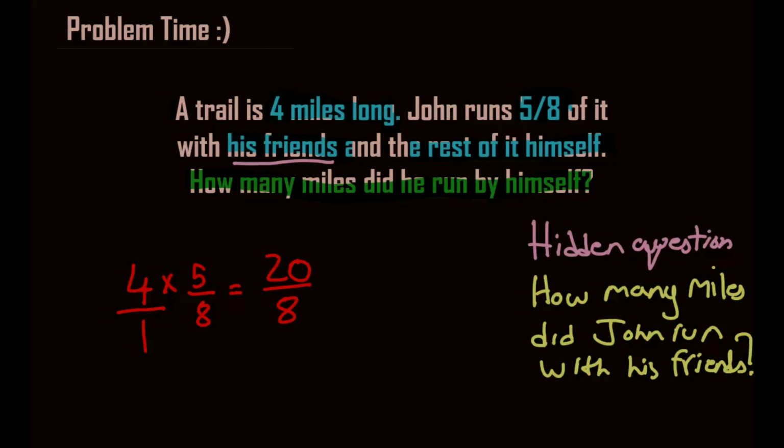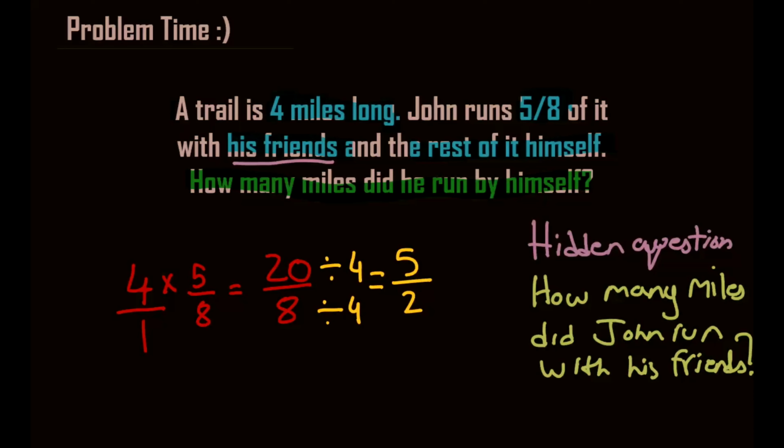Now we can divide both of them by 4. 20 divided by 4 is 5, and 8 divided by 4 is 2. So we get 5/2. So we know that he ran 5/2 miles with his friends.